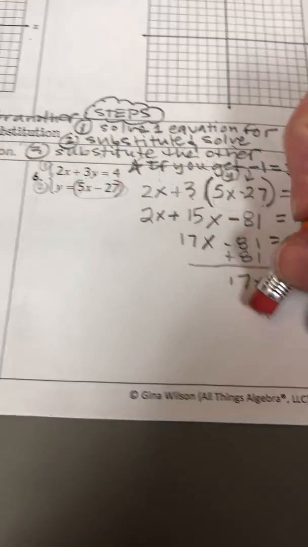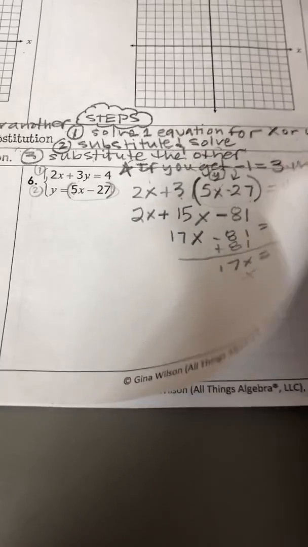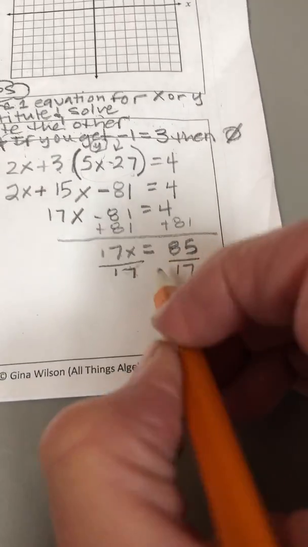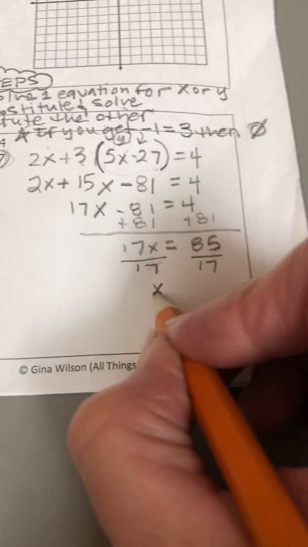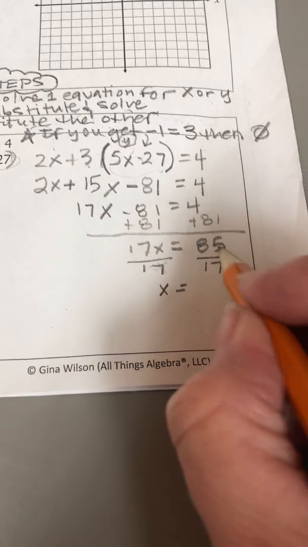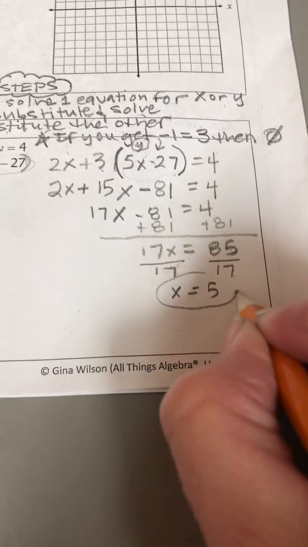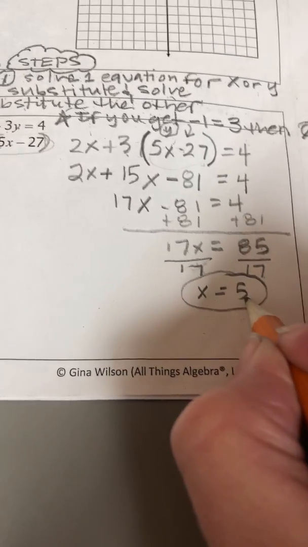To get x alone, I'm going to divide both sides by 17, just to show you these steps line by line. If I divide 85 by 17, you know it goes in 5 times. I'm going to circle that. So that's my x value.